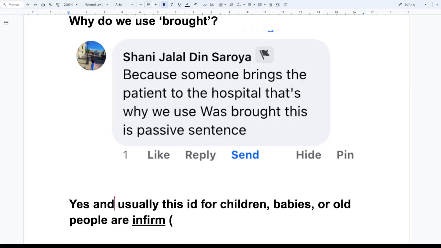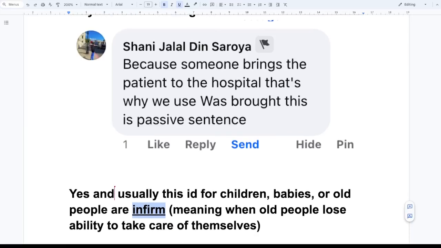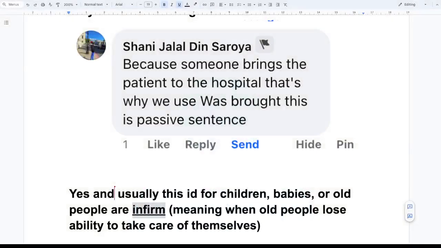This means old people, when old people lose ability to take care of themselves. It's a nice little piece of vocab there, guys. Write that down, okay? Infirm, the infirm, it's a noun or an adjective. It means when old people lose ability to take care of themselves.